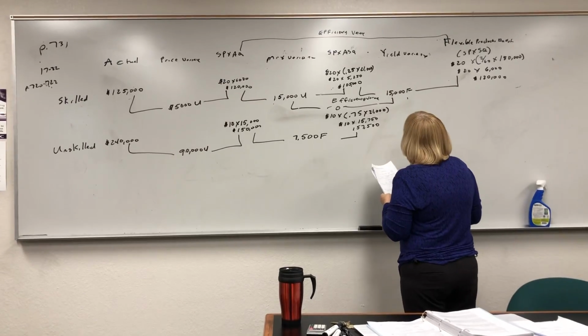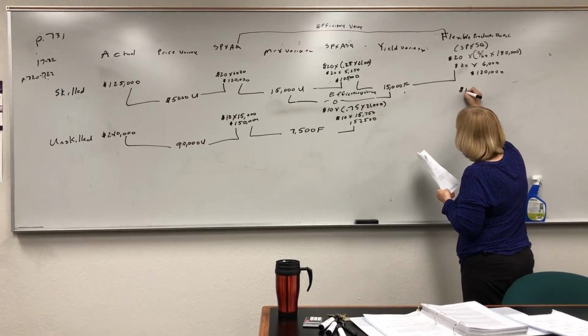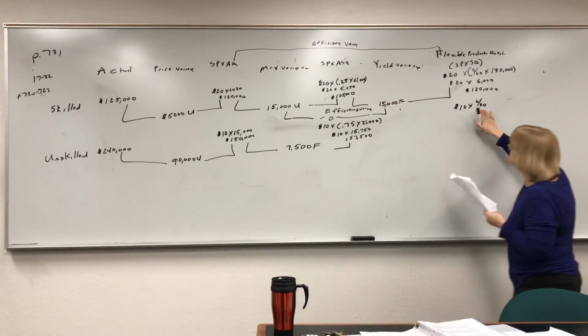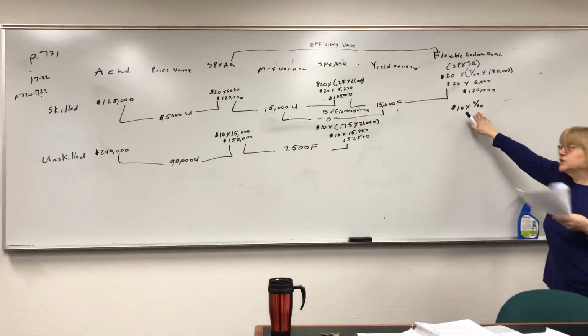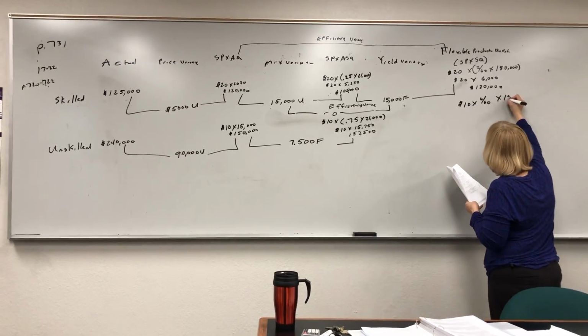So our yield variance, we gotta compute our flexible budget to get that, $10 times 6/60, which of course this one, we convert to 1/10, so you could actually do 0.10 if you wanted to.